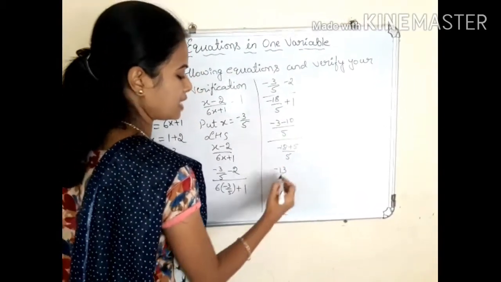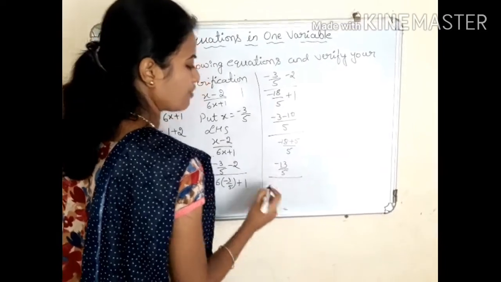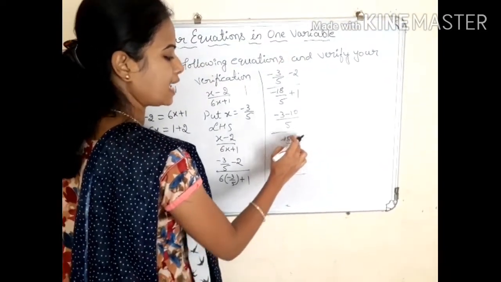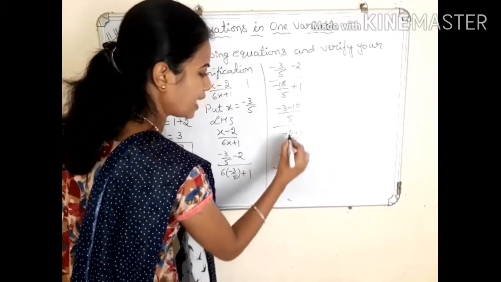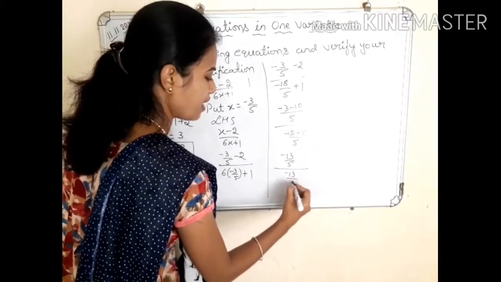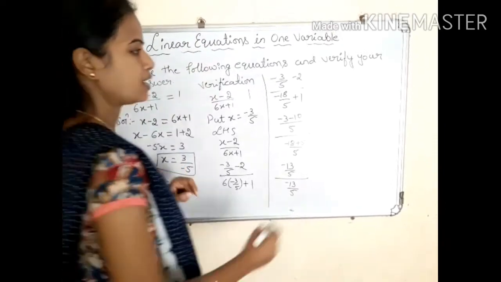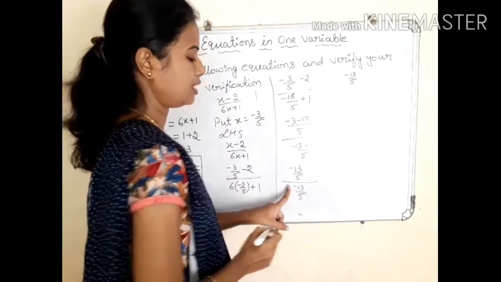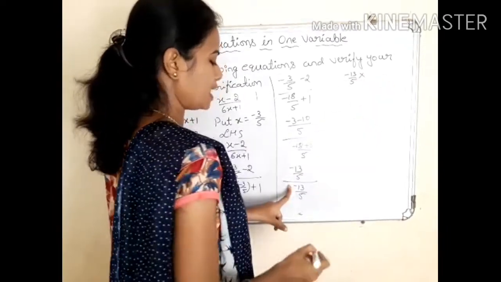Greater number sign minus 13 divided by 5. Whole divided by. Minus into plus. Minus 18 minus 5, 13. Greater number sign minus, divided by 5. Write as it is. Next, minus 13 by 5. This division converting into multiplication.